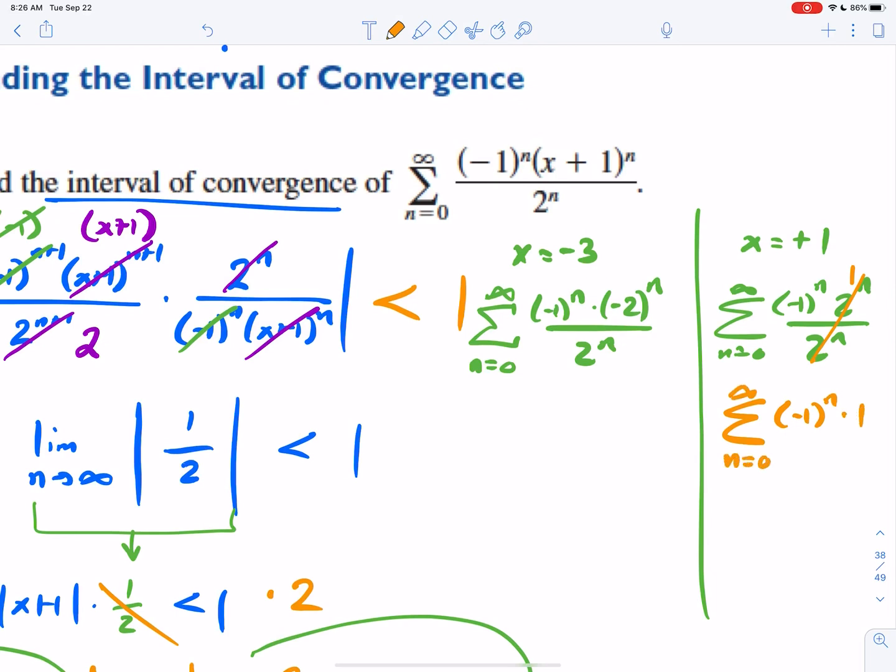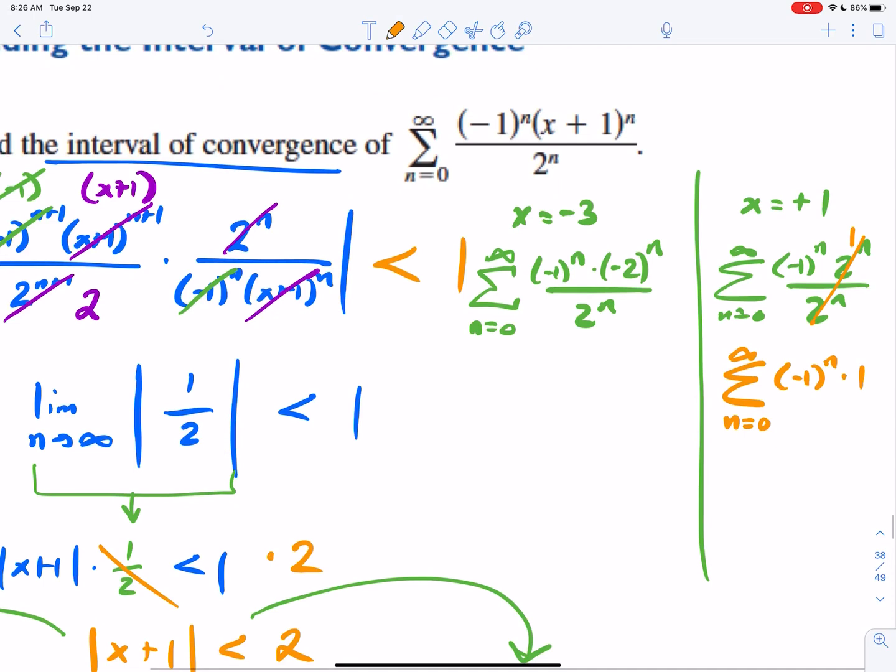Okay, what test would you guys run here? Some of you would probably lean towards the alternating series test because there's an alternating piece. But if you take a look, you could actually run the divergence test. If you take the limit as n goes to infinity, notice how it doesn't come out to 0, which indicates that it diverges already, okay?